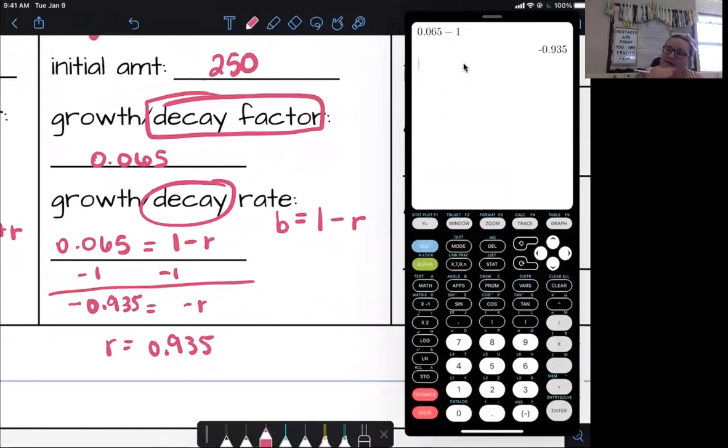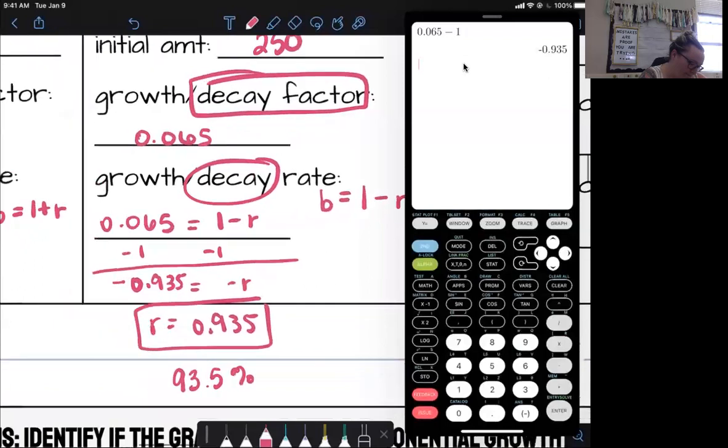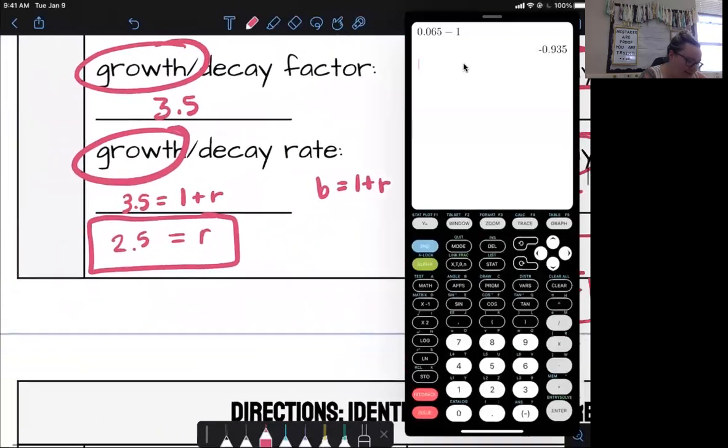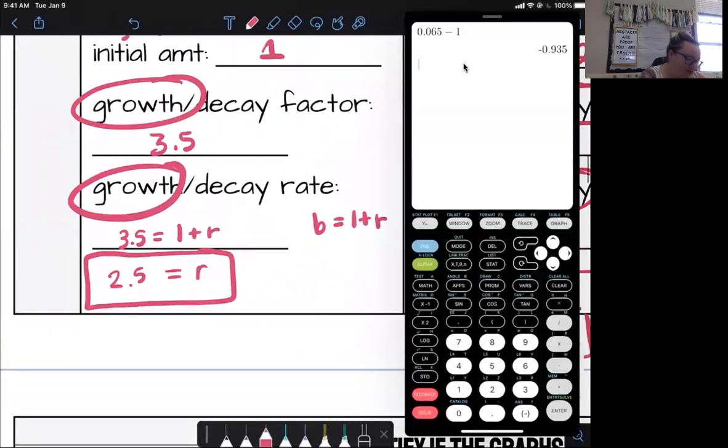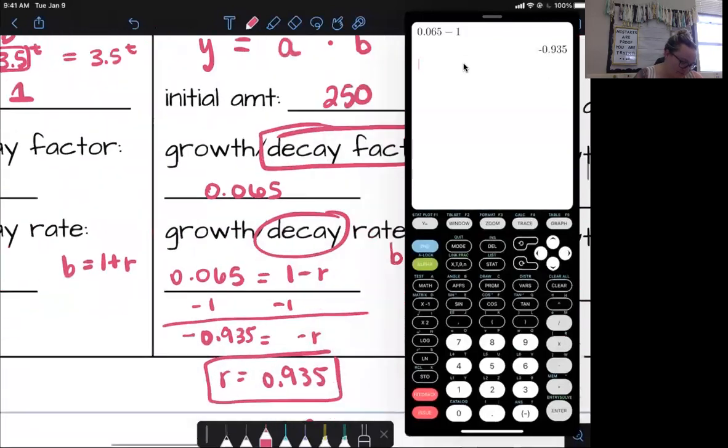And if you think of 0.935 as a percentage, our decay rate then would be 93.5%. And for over here, 2.5 then would be 250%. So remember, when you change a decimal to a percentage, you just move the decimal place to the right twice.